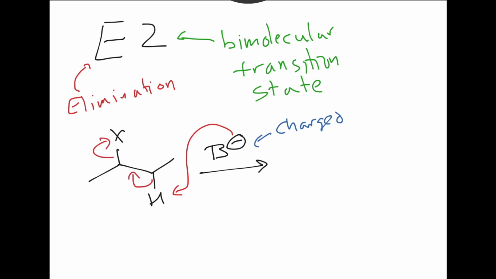Electrons come down and push off your halide, and give you your product. So this is a single step reaction. The base is pulling your hydrogen off, and your leaving group is leaving, and you're making your double bond all in a single step.